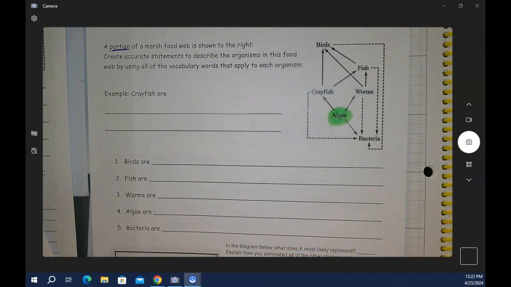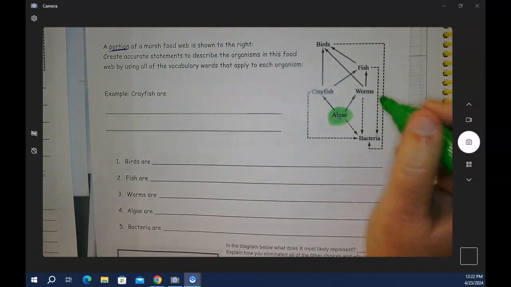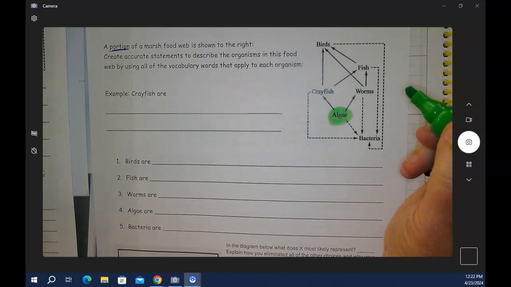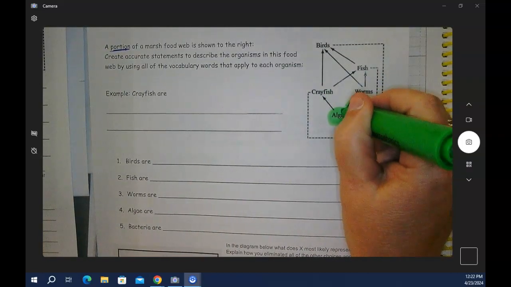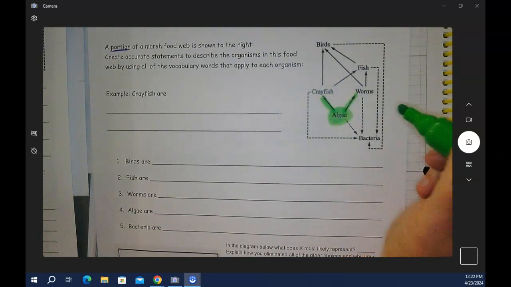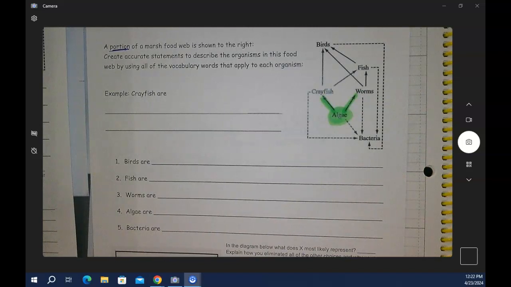And so I'm not really going to highlight the arrows that are dotted coming from algae, because that means it's dead and that's how it's being broken down. But I am going to highlight only the arrows coming from the producer going into my organisms here, so the worms and the crayfish, and then I'm going to be able to analyze the crayfish.